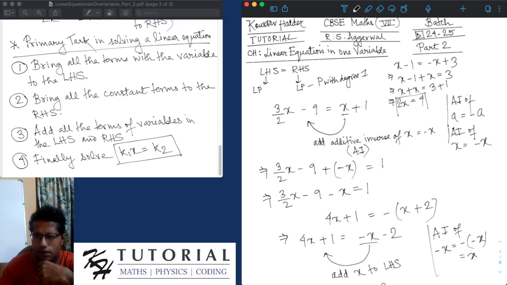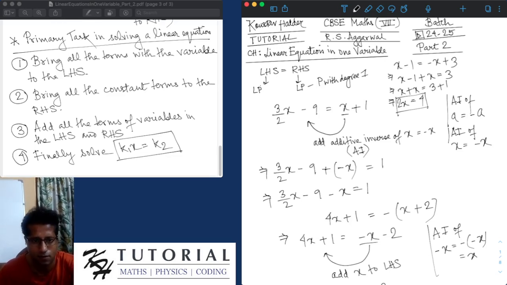So finally you will get the equation in the form 2x equals 4. In the notes it says that finally we will have to solve the equation k1 x equals k2, where k1 and k2 are both constants. Constant means any fixed number, integers or fractions or decimals.